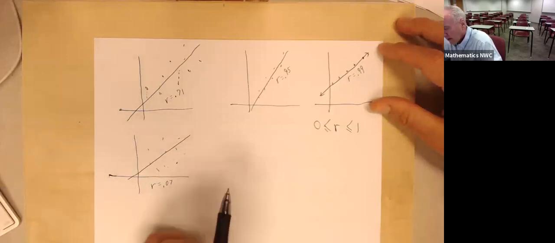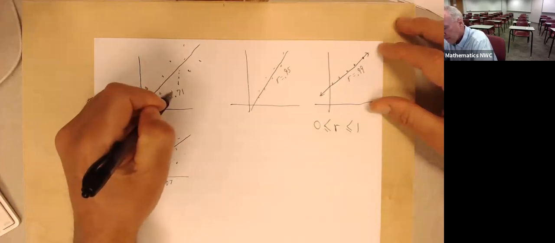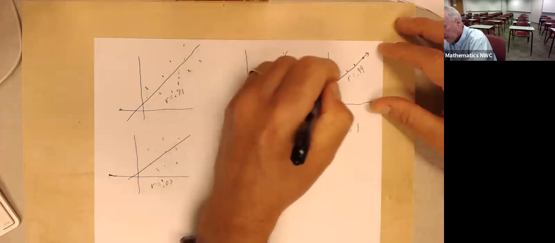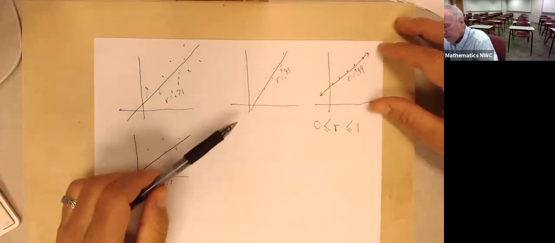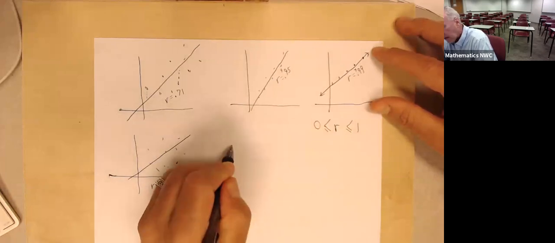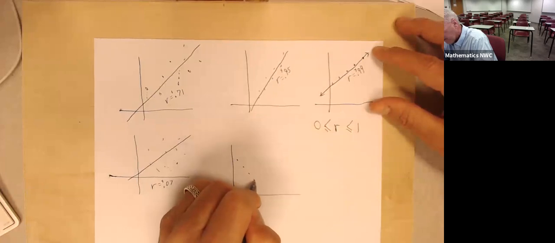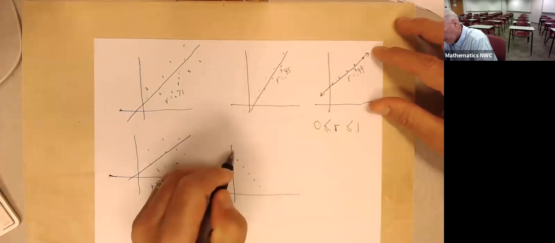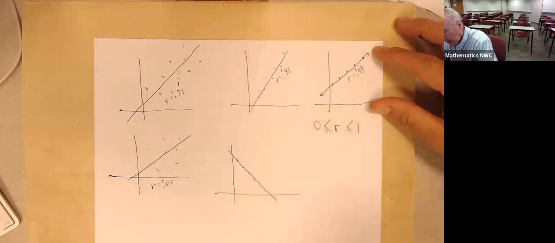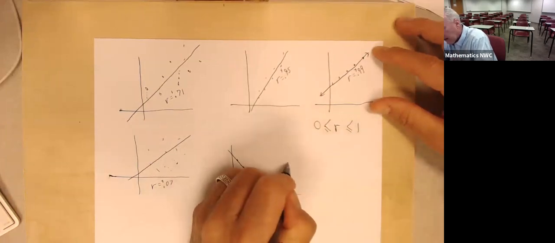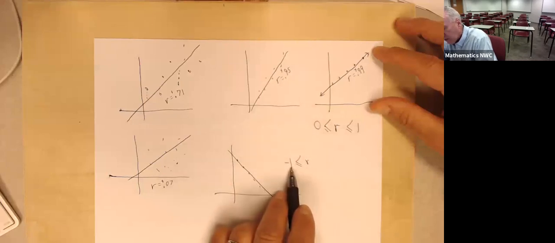All of these R's would have been positive because my slopes were positive, they were going up. Had my slopes been negative, but really tight, really close to the line, then my R would have been really close to the negative one.